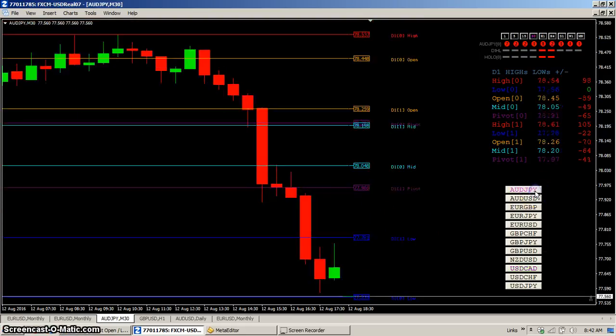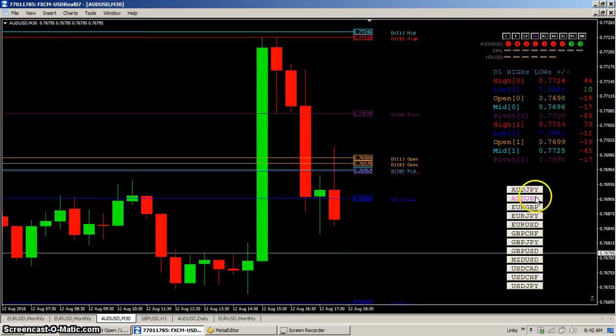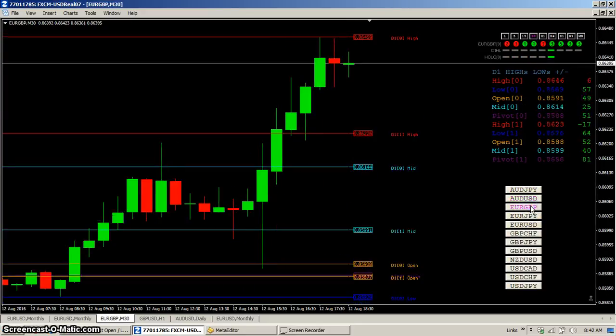So we can take a look at some of the other ones. Holo zone right there. And it's telling you here, don't even think about trading because it just made a new daily low on all those chart periods straight across the board. Australian dollar, no trade. Holo zone on H4.